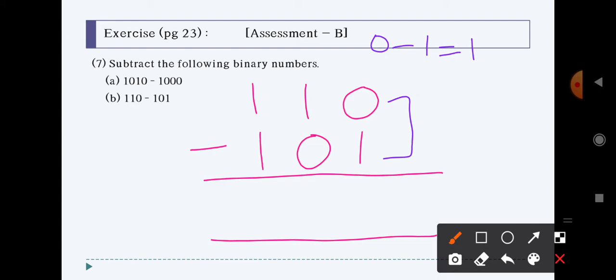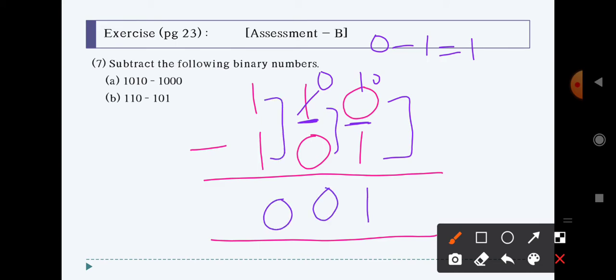The left hand side has 1 present, so it will become 0 and the 1 will be copied over here. So the answer will be 1, and because of that borrow this 1 will become 0. Now you have 0 minus 0, you will be getting 0, and this 1 minus 1, again you will be getting 0. So this is the answer for your B part.